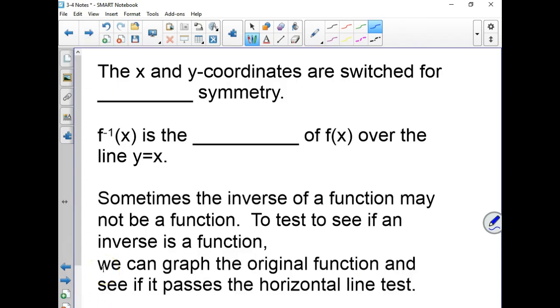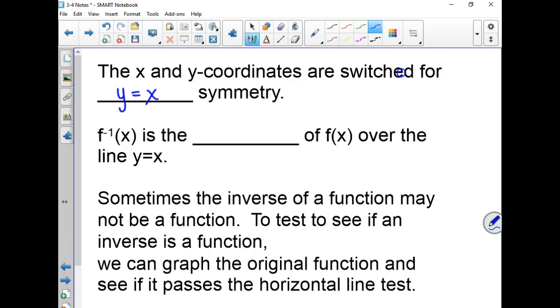So for our notes here, the x and y coordinates are switched for y equals x symmetry. We skipped some symmetry stuff that I used to do, which is fine.